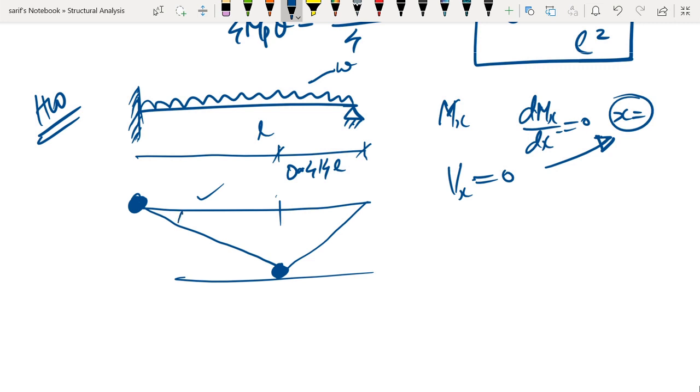Once you know that, this geometry can be worked out, and then the plastic hinge theorem can be applied, and we can find out the collapse load.